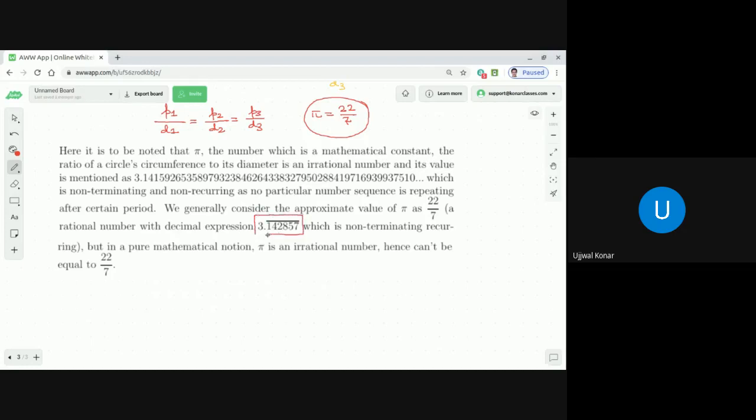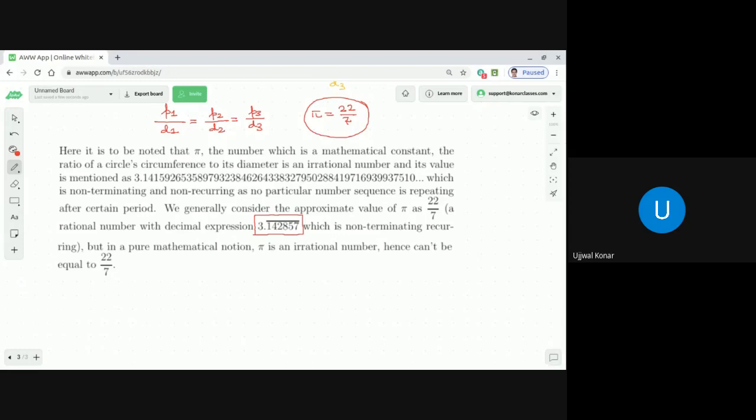Correct or not? But in pure mathematical notation, pi is an irrational number, hence cannot be equal to 22 by 7. But we approximate the value of pi as 22 by 7 as it is used extensively in different mathematical formulas and concepts, and we'll see all these things in the near future.